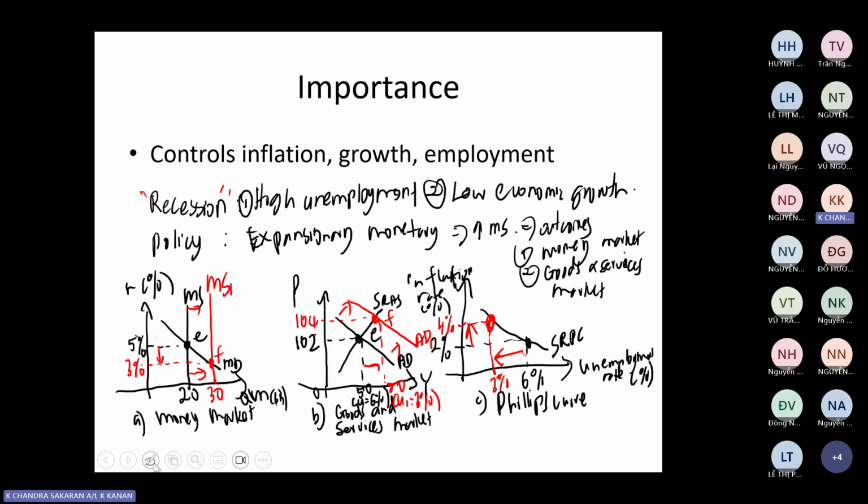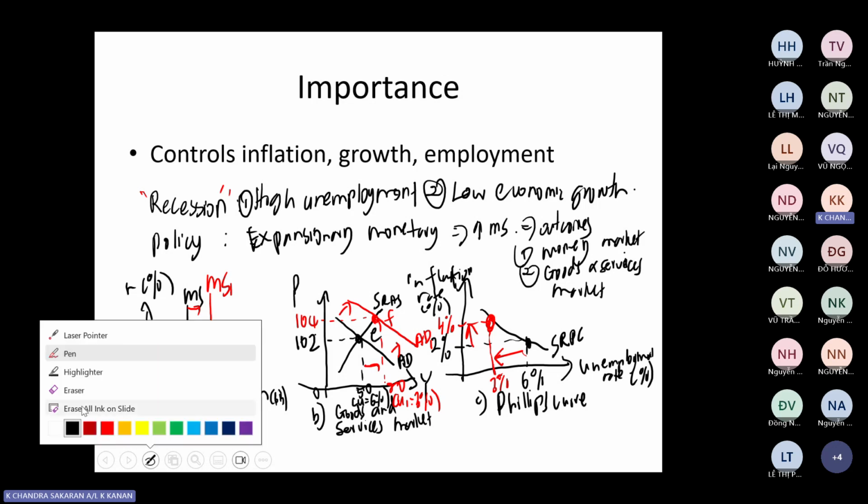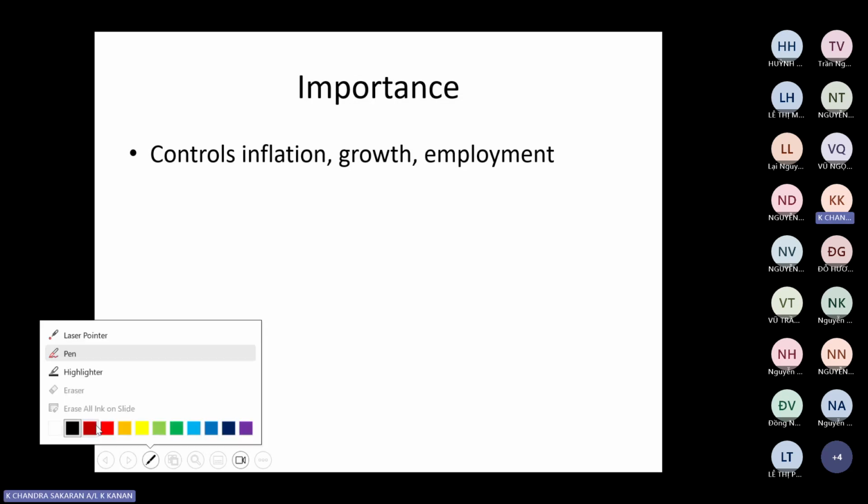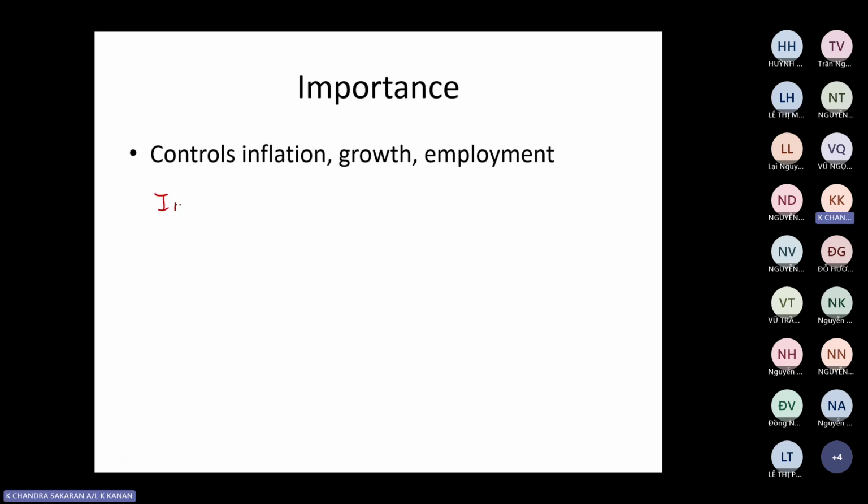Okay, and if it is inflation, what happens? Problem. What is the economic condition? Can I say we have inflation, high inflation? So the central bank must control inflation. Inflation meaning prices are going up. So the objective is price stability.